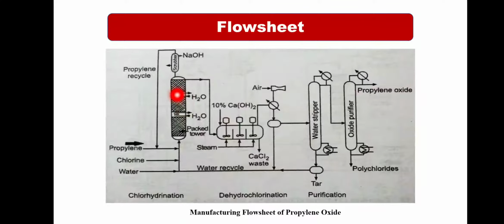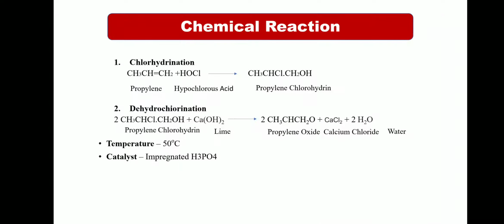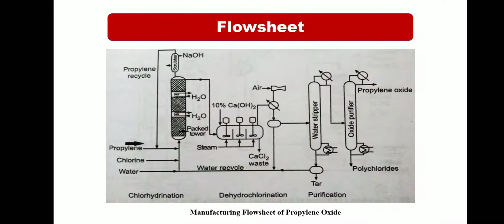Then unreacted propylene is passed through or treated with NaOH and recycled to the feed. Then here we produce propylene chlorohydrin. That means this product stream propylene chlorohydrin is passed through here and in which we add 10% lime, that means Ca(OH)2.